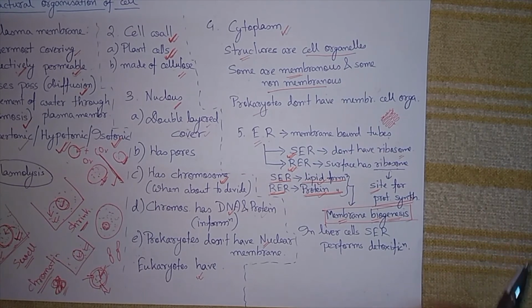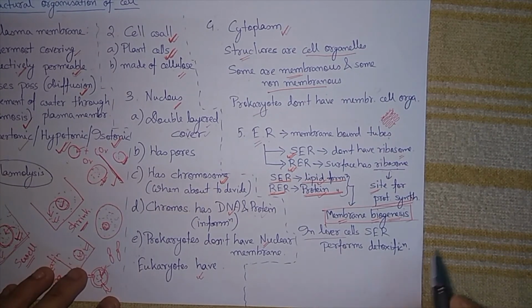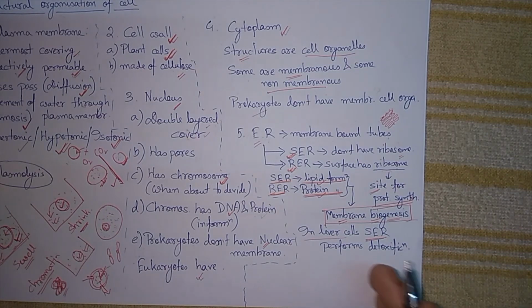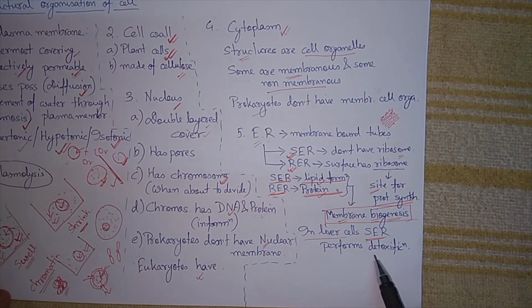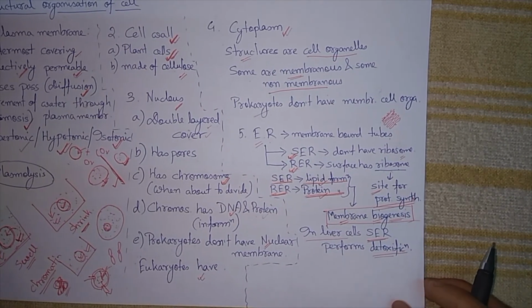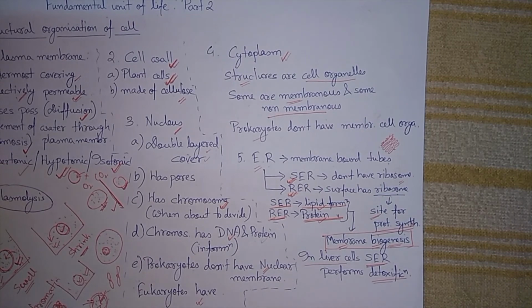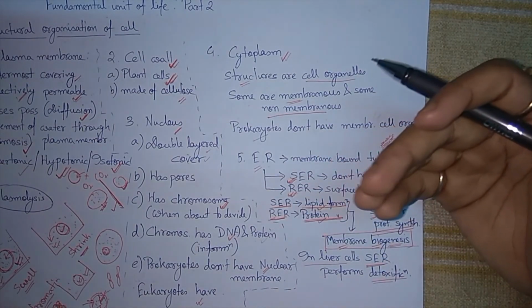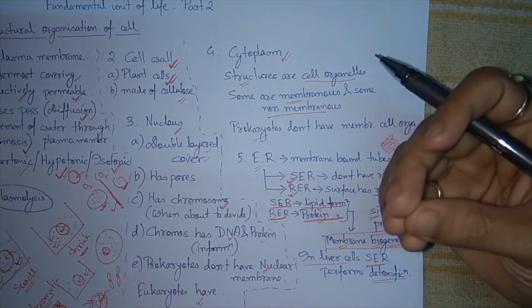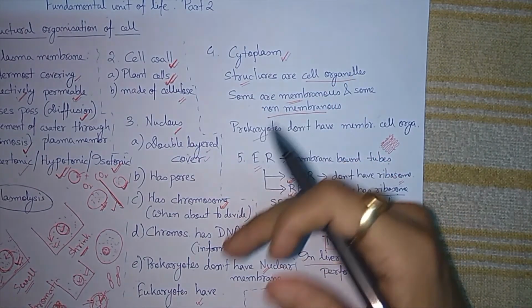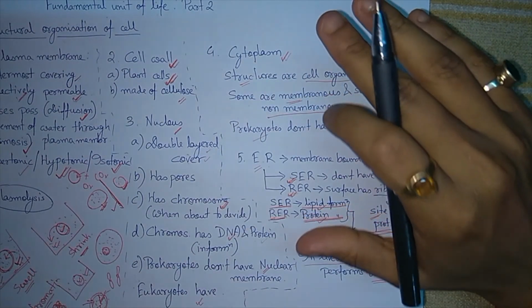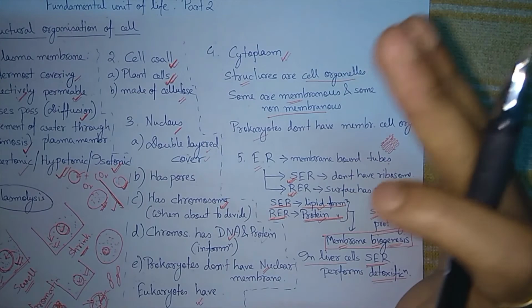Okay. Now in liver cells, because it is a cell, we naturally find smooth endoplasmic reticulum. This smooth endoplasmic reticulum performs detoxification. Now detoxification means whenever your body has any kind of poisons or toxins, poisonous substance or toxins, your liver clears these substances from your body.